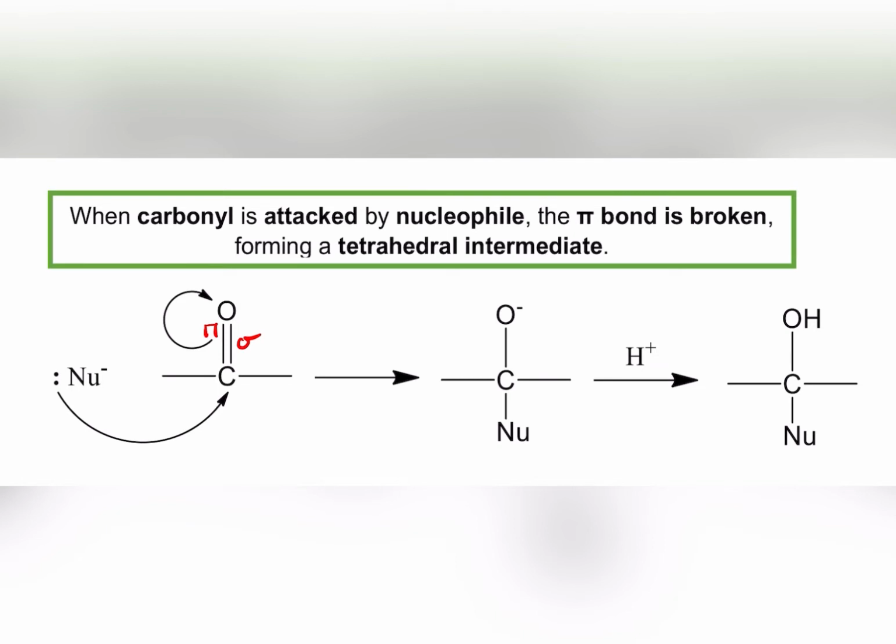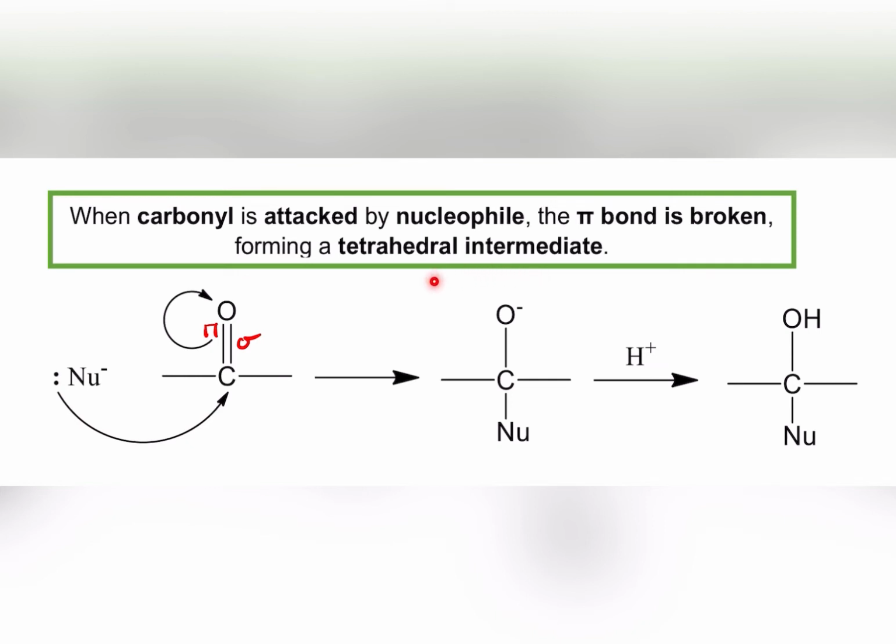Your structure will be carbon with 4 covalent bonds, and oxygen will be O minus because it got more electron from the pi bond that's been broken, and the nucleophile will attach to this carbon from the attack.